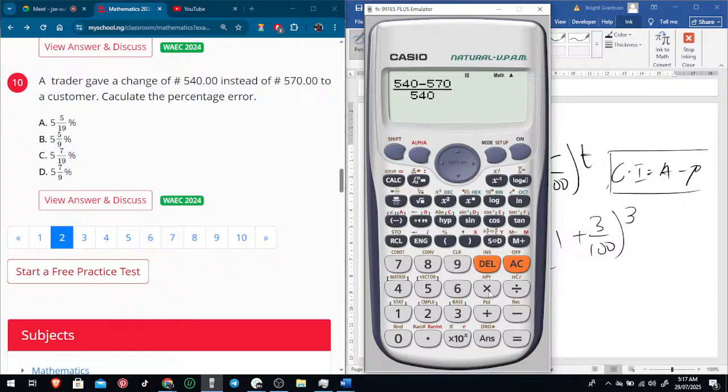You're going to get a negative, times 100. Negative 50.9. So we shift this one, 5 whole number, 5 over 9. That's option B. Please, do you understand?